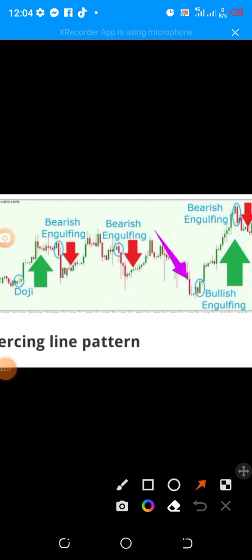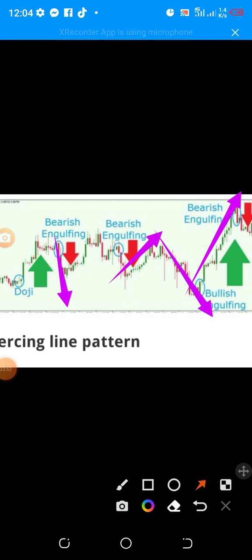Then from here up to here, when it is going up, that is an uptrend movement. When the market is going down, it is interpreted by a red candle, and when the market is going up, it is interpreted by green candles.